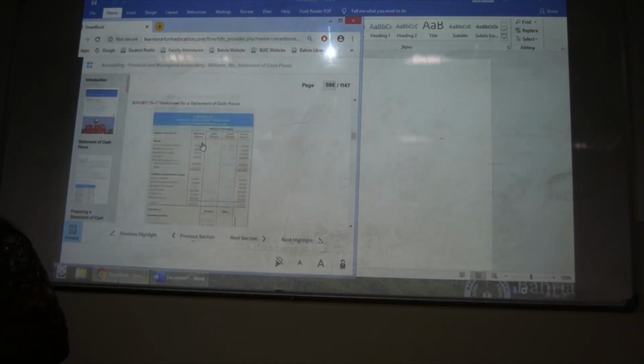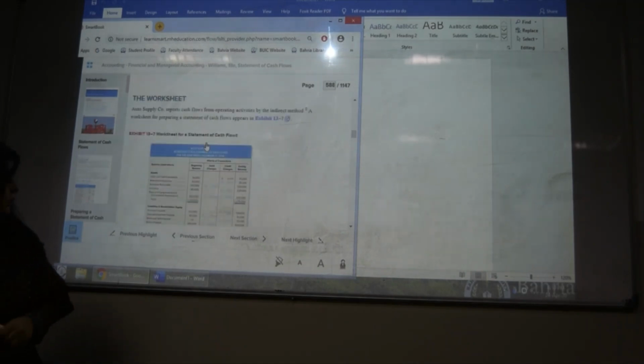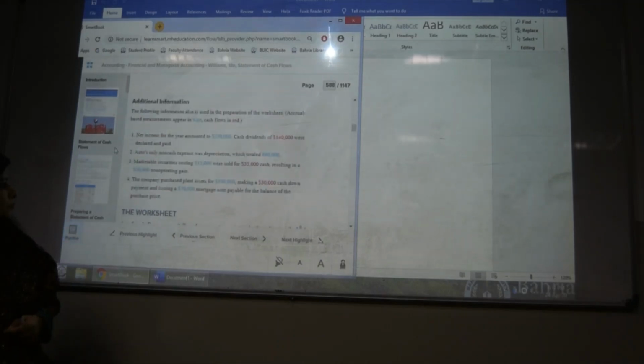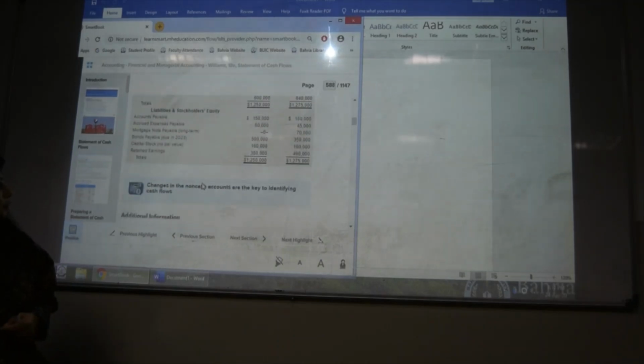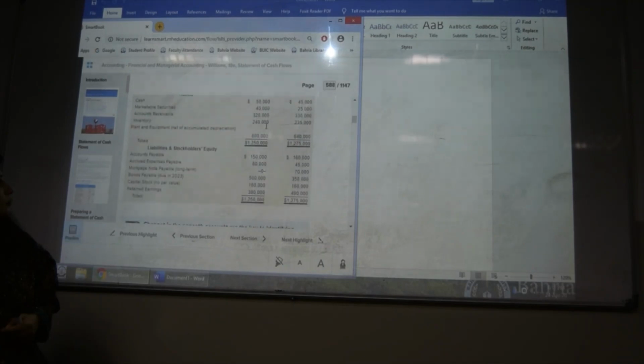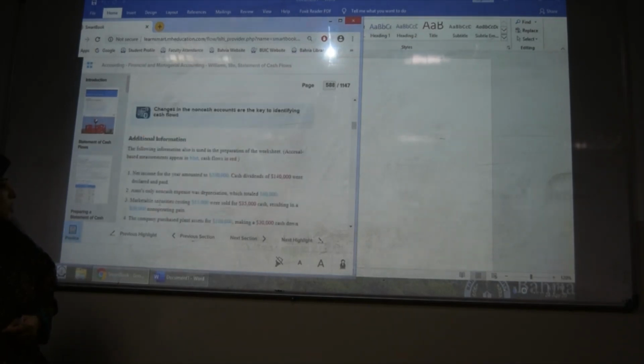I don't know if you can really see, the font is very small, but this would be the 600,000 beginning balance. And anything which is purchased, now what is purchased? Plant asset, okay.